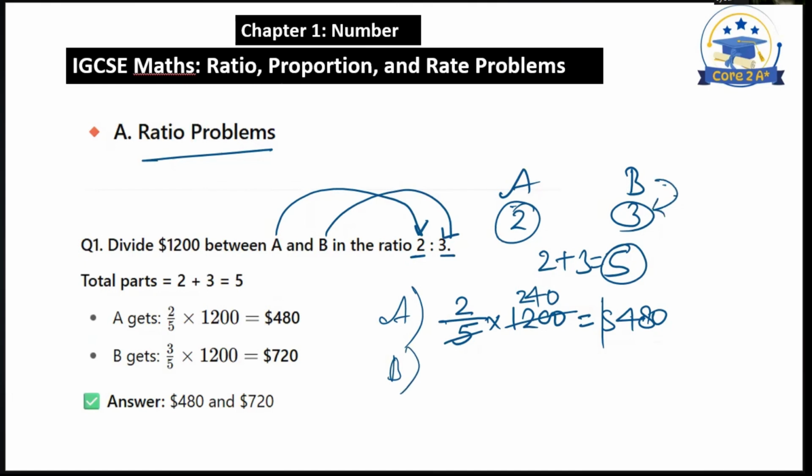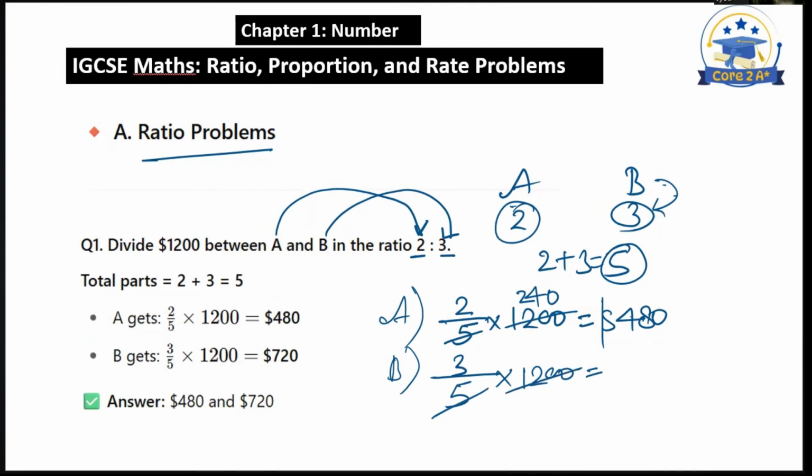Okay. Similarly, you have to find it for B. B has ratio 3. And what about the total ratio? Total ratio we have 5. And it is divided in the same amount, right? Because only 1,200 is divided between both.